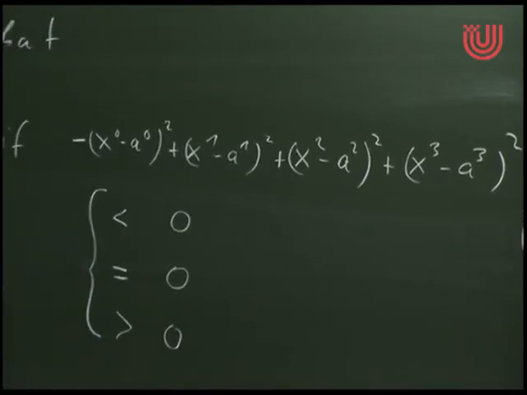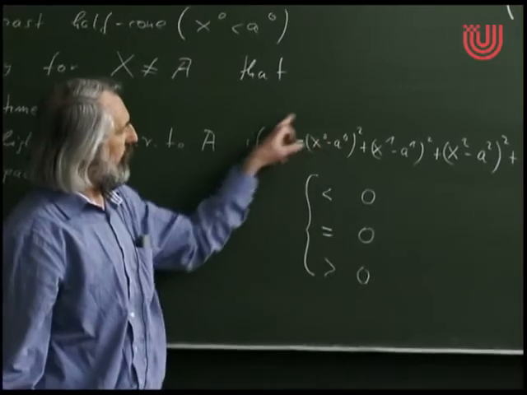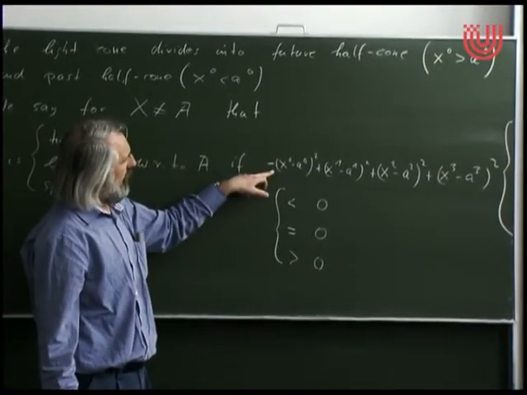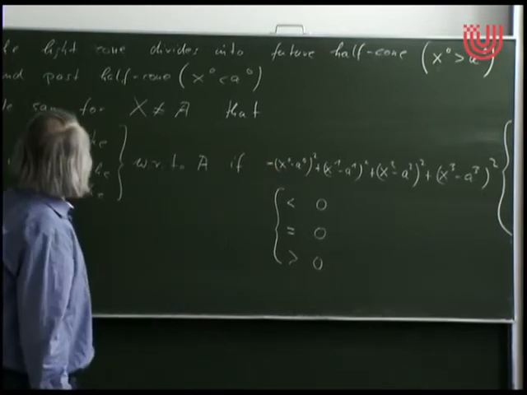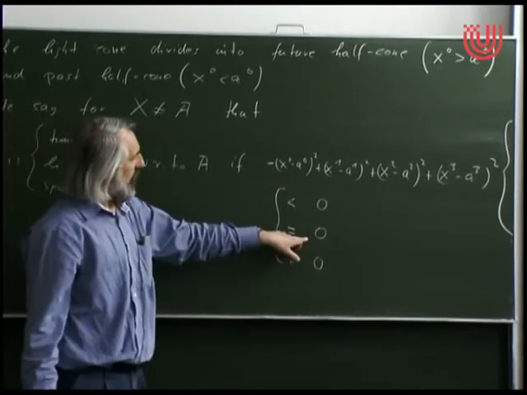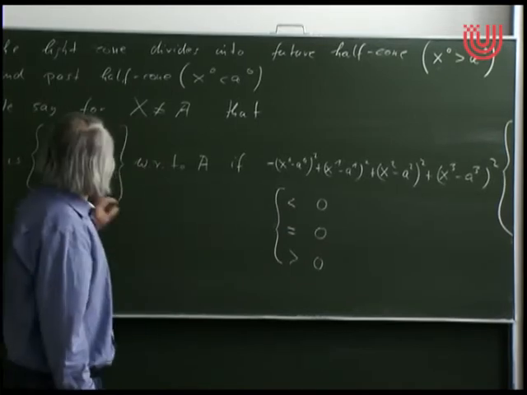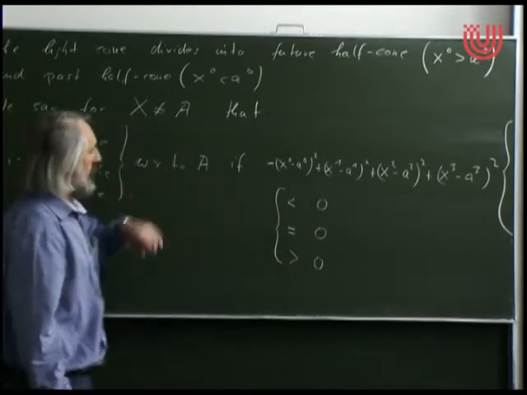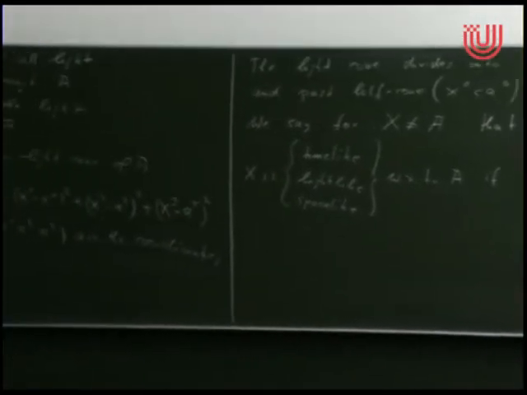So it's called time-like if it's negative. This means the temporal term gives a bigger contribution than the rest. It's light-like if it's on the boundary, if the two things are equal. And it's space-like if this is bigger, this means that the space-like part is bigger than the time-like part.